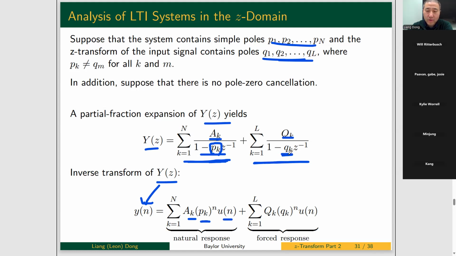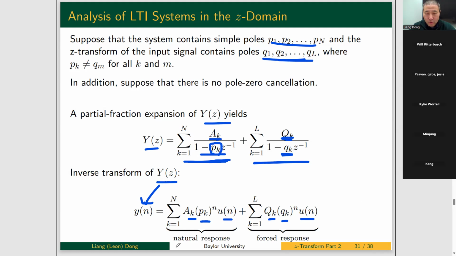Similarly, I have a pole here, q sub k, which becomes my root, and the constants are just put here. Then it's a causal signal, so u[n]. So I'm done, it's easy. I can find the inverse transform of Y(z), which is the output of my system.